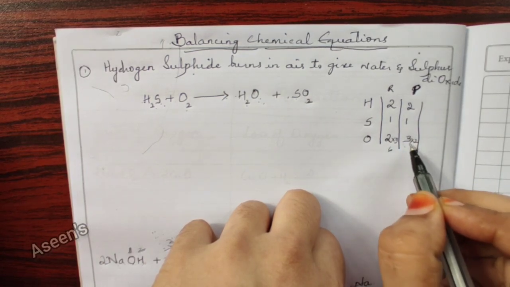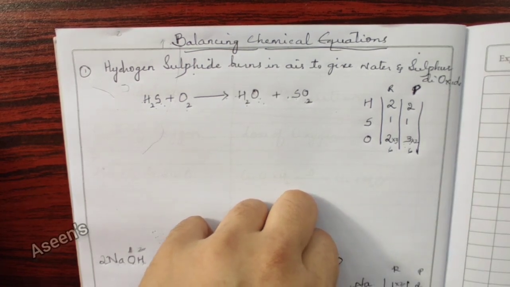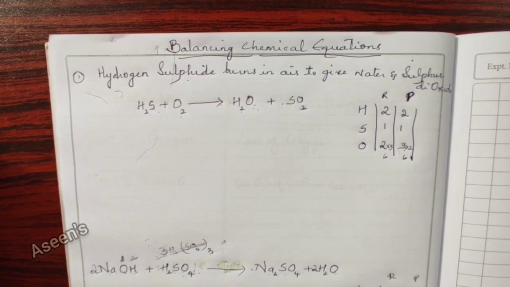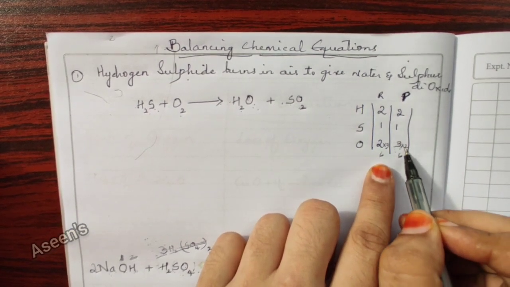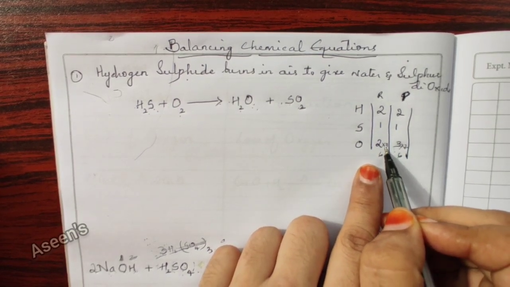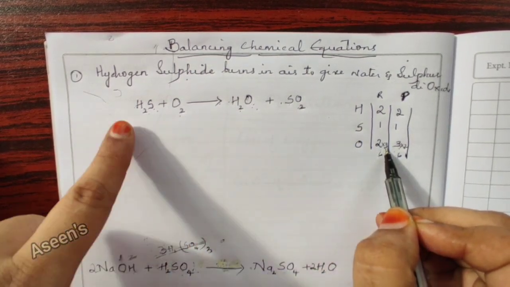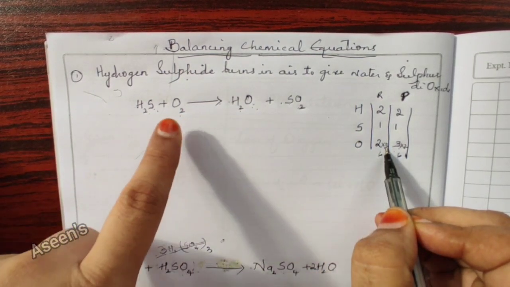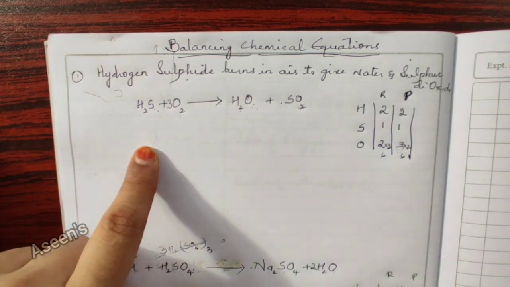Similarly, if I multiply this 3 with 2, I'm going to get 6. Now, the question, where do I put this 3? Where do I put this 2? This 3, if you see, is on my reactant side, and on my reactant side I have got O over here. So I am going to put this 3 here.